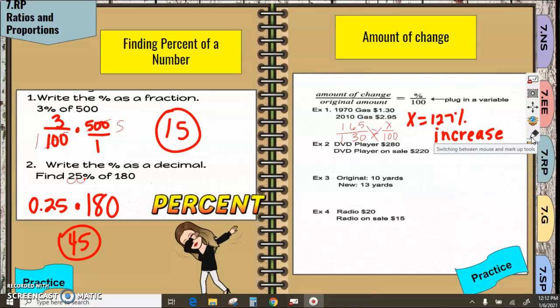All right, number 2, a DVD player costs $280. It's on sale for $220. So the first thing I do is find the amount of change. 280 minus 220 is 60. The original cost of the DVD player is $280, and I set that equal to x over 100.